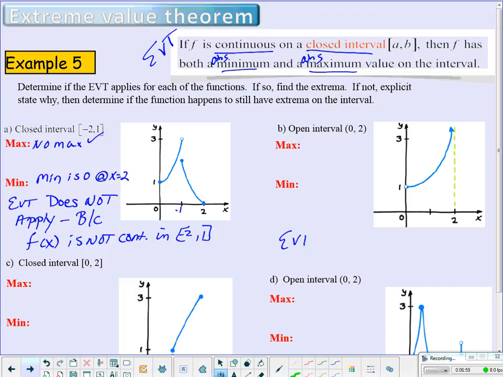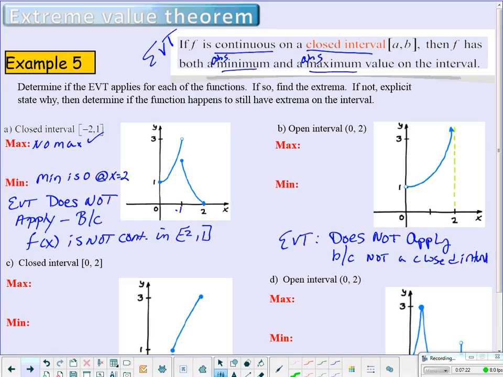Can the EBT apply? EBT does not apply. Do you know why? Well, it doesn't apply because it's not on a closed interval. Not a closed interval, that looks funny, doesn't it?